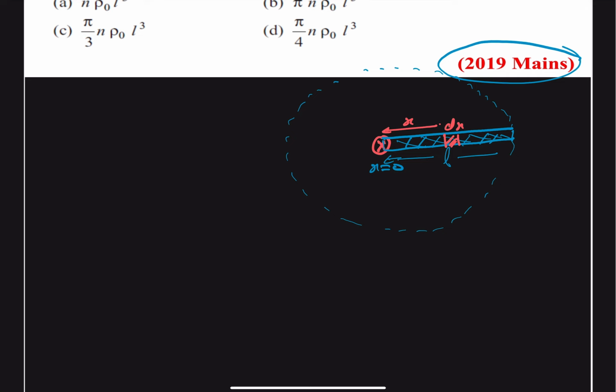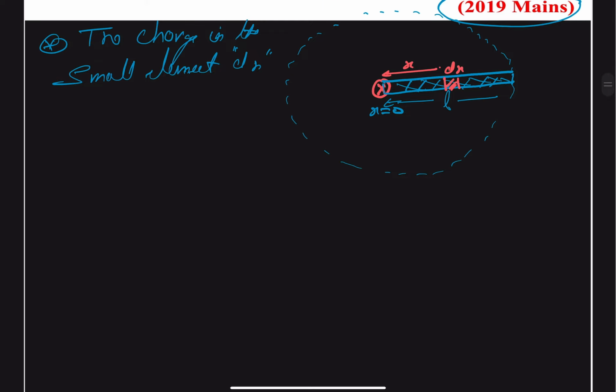Therefore, the charge in the small element dx, let us suppose it is dq, will be equal to the charge density multiplied by dx.